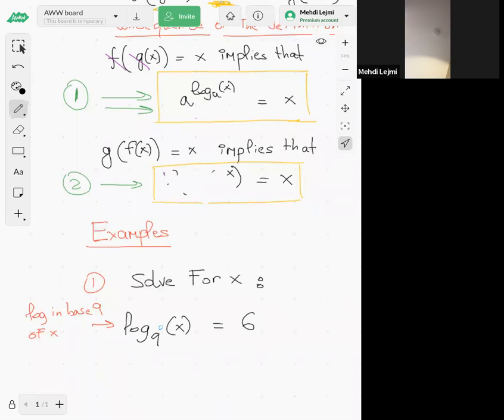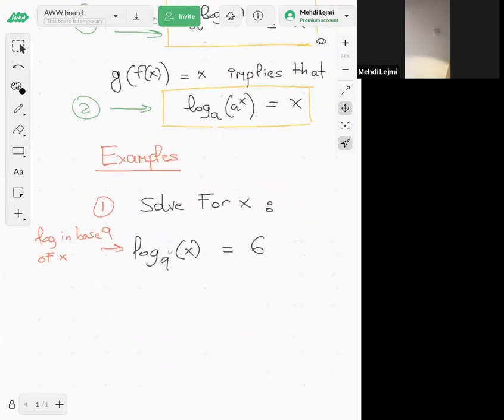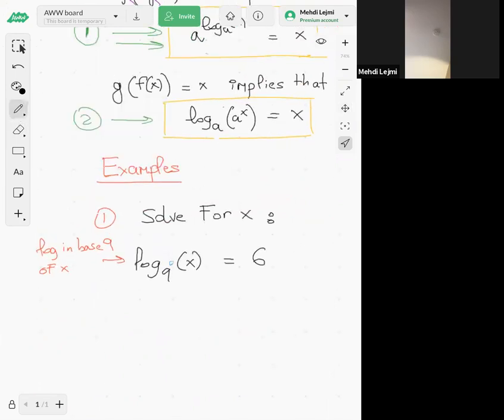The second one was log in base a of a to the x is equal to x. Now, I was saying the idea is here, you want to solve for x.